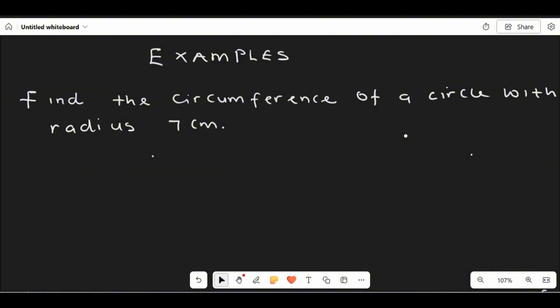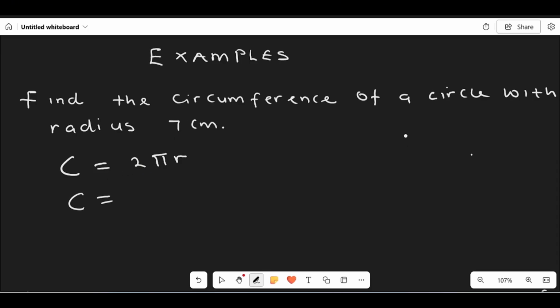Let us consider this example. Find the circumference of a circle with radius 7 cm. The formula for calculating our circumference is C equal to 2 pi r. Here our r is 7 cm. Let us substitute r equal to 7 into this equation.